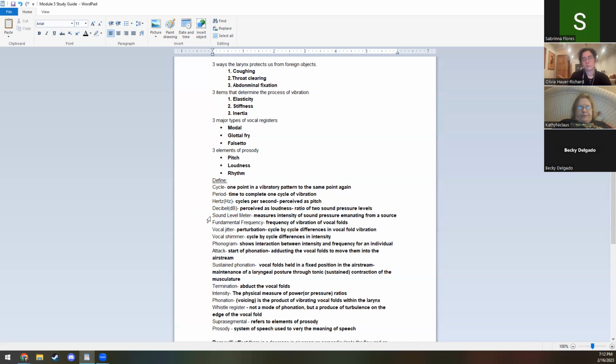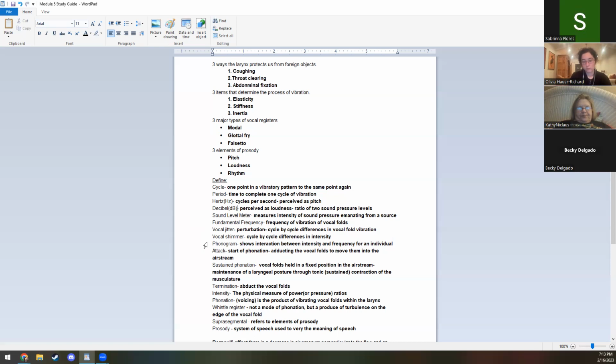And then you have the sound level meter, which measures intensity of sound pressure emanating from a source. Fundamental frequency, frequency of vibration of vocal folds, voice, vocal jitter, and then vocal shimmer. Vocal jitter is a cycle of differences in vocal fold vibration, and shimmer is a cycle of differences in intensity.